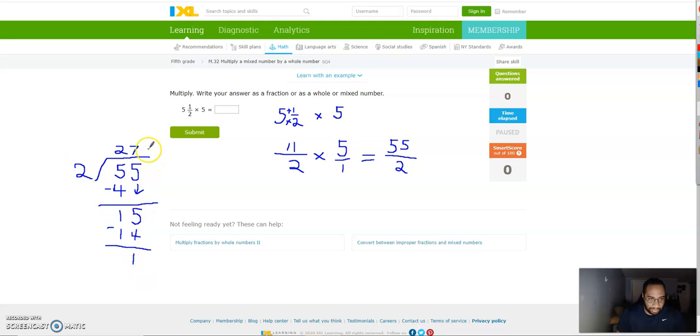No, so that 1 is our remainder. You remember what we do with our remainder? We turn it into a mixed number. So our whole number is 27, and our remainder is 1. So it's 27 and 1/2.